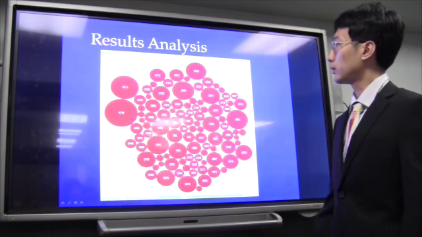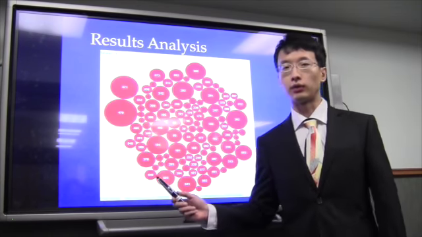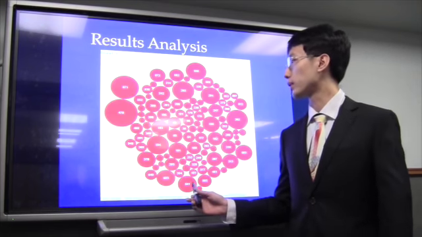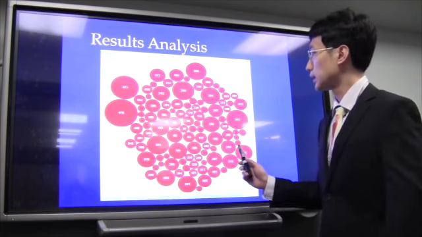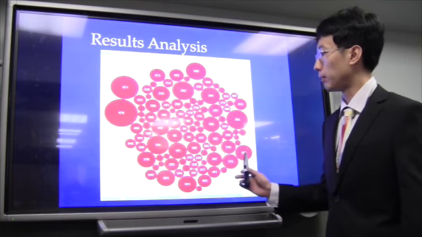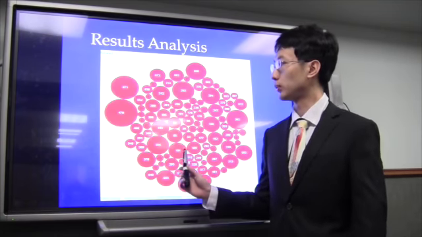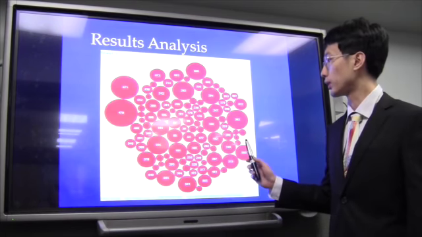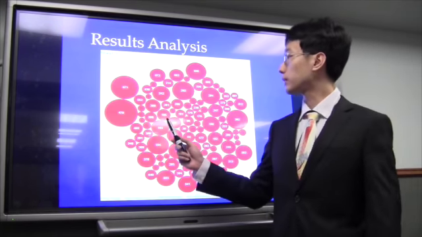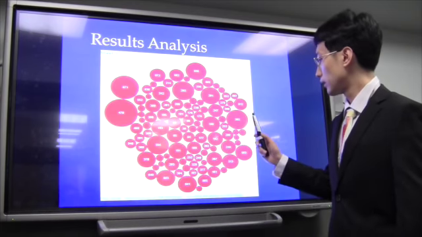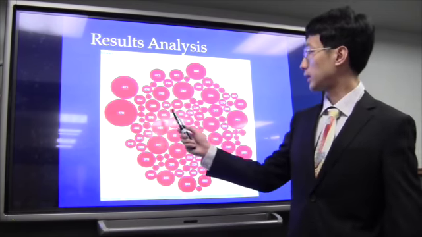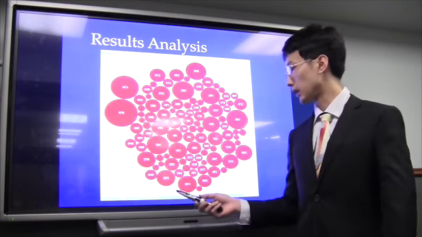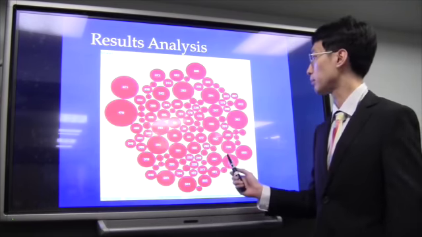Now I'm going to talk about the results analysis in our project. We have 100 DRGs in our dataset, but we are not able to analyze all of the DRGs at this time, so we only chose the top 5 DRGs. You can see in this graph, the DRG 470 has the largest total discharge numbers.